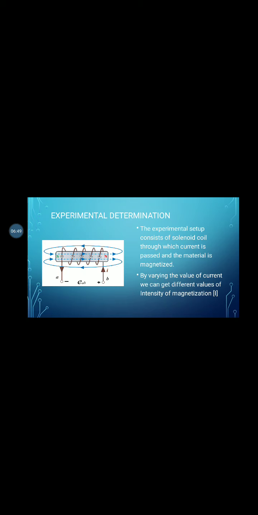Regarding this, how can we make the arrangement? In the picture you can see there is one solenoid and wire is wound around it, and the supply is given at two terminals.